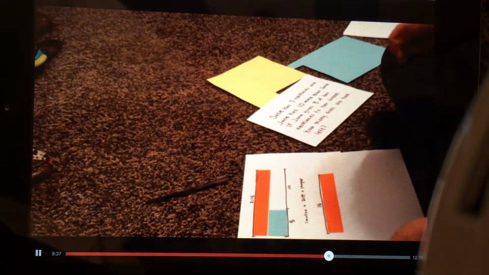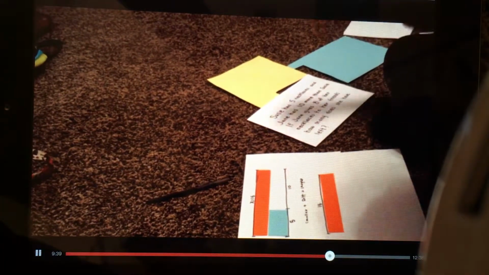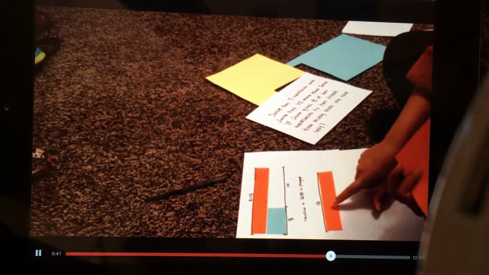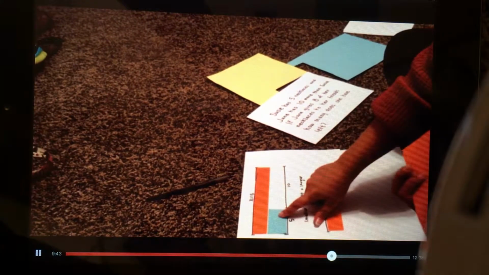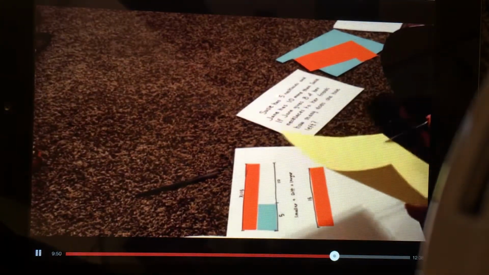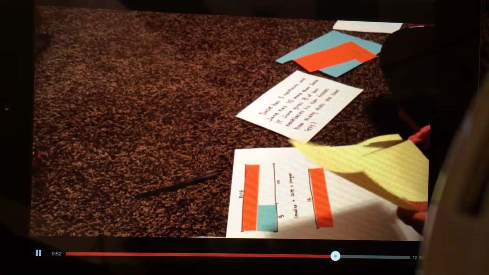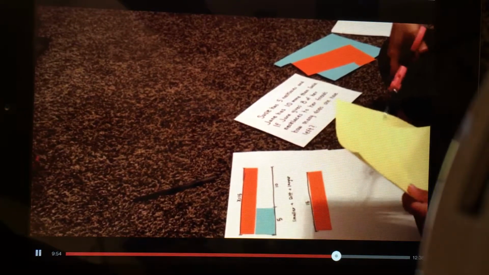We are taking away. And because we use the orange to represent Jane and the blue to represent Susie, we're going to use a new color to represent the necklaces that she is giving away. So we're going to go ahead and just cut a piece of paper.